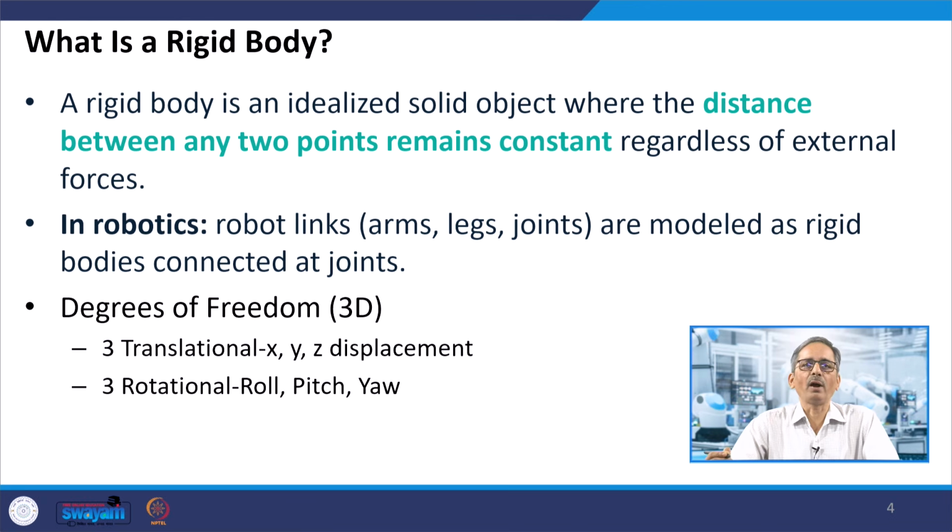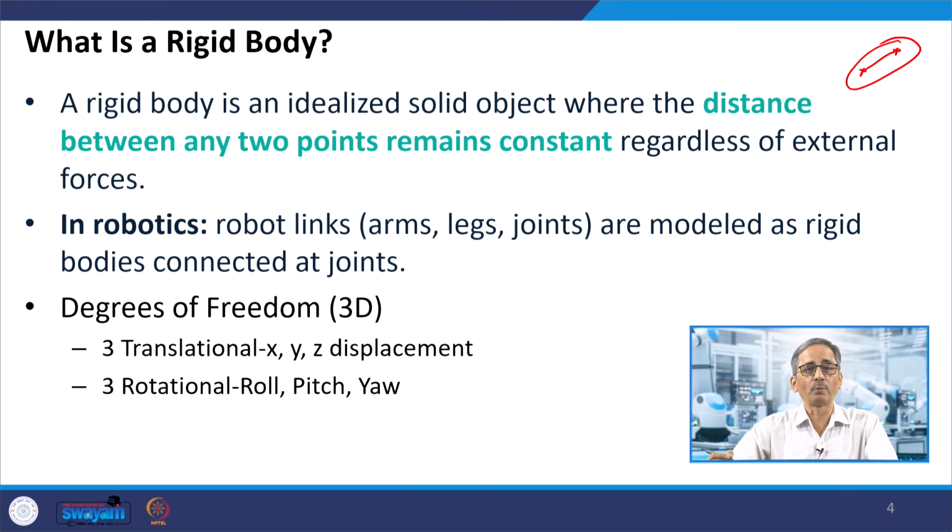So, what is a rigid body? We have seen this definition earlier also, but since the discussion is about the rigid body here, let us have a definition of the rigid body. For any rigid body, the distance between any 2 points is always constant, regardless of whatever external forces act on that rigid body.